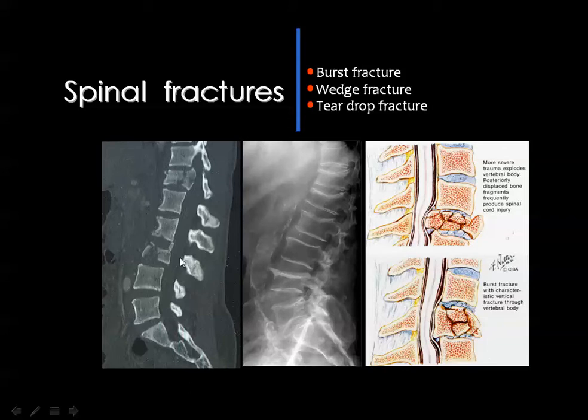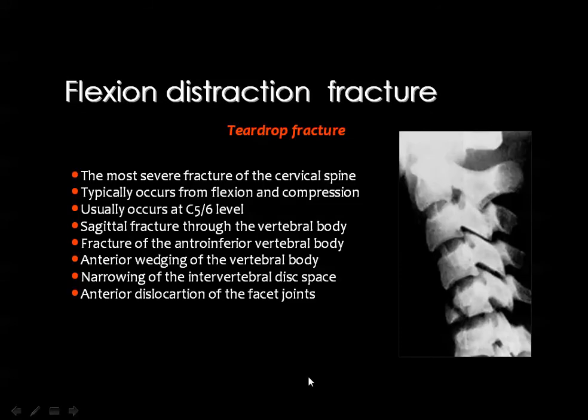And this is an example of burst or comminution fracture where you got multiple vertebral fragments. The third type is the teardrop fracture, or what's known as flexion distraction fracture. And this is one of the severe injuries of the cervical spine, especially the flexion type.